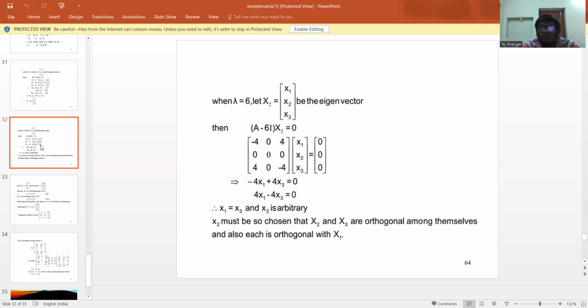So minus 4x1 plus 4x3 is equal to 0, and 4x1 minus 4x3 is equal to 0. Therefore x1 is equal to x3, and x2 is an arbitrary constant. X2 must be so chosen that X2 and X3 are orthogonal among themselves, and also each is orthogonal with X1.